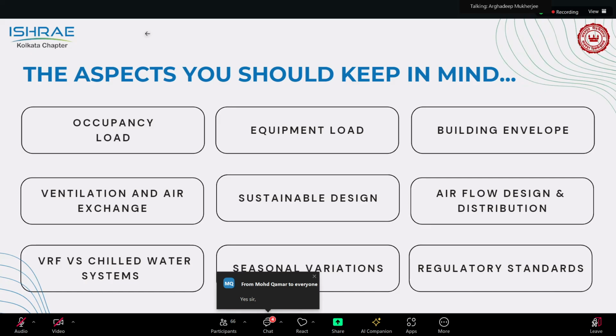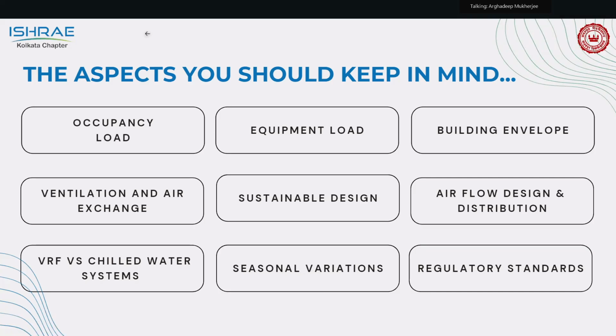So if the hospital itself is using a lot of water, it might also disrupt the water situation in the neighborhood in which the hospital is situated. So would it be a wise decision to use VRFs in that case? That is also something you should ponder upon.